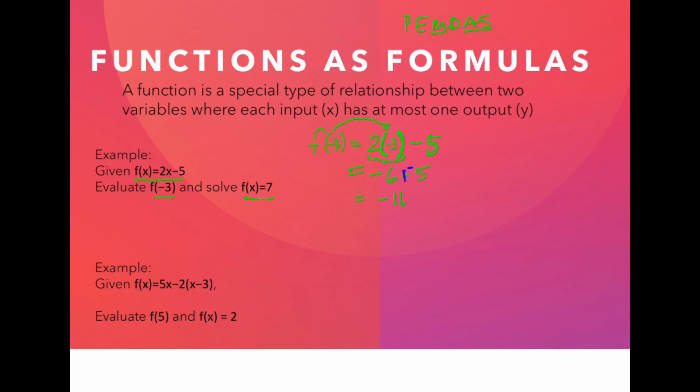We can rewrite every subtraction as an addition as long as we change the sign of the number that follows it. That's just for us to visualize that. So negative 6 plus negative 5 is negative 11. The second part says find the f of x of 7.